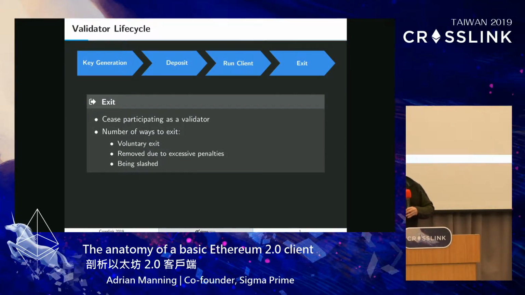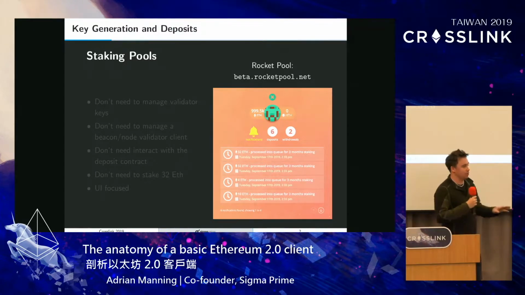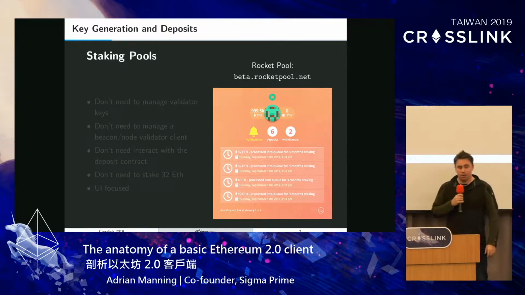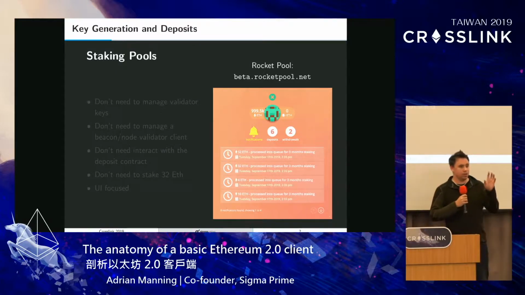So I just want to give you a very high-level overview of how you use the software to do all of these things. The first thing I should mention, in the section of generating a key and putting Ethereum into the deposit address, is staking pools. Staking pools are similar to mining pools in Ethereum 1, which allow you to just send Ethereum to essentially a staking pool.